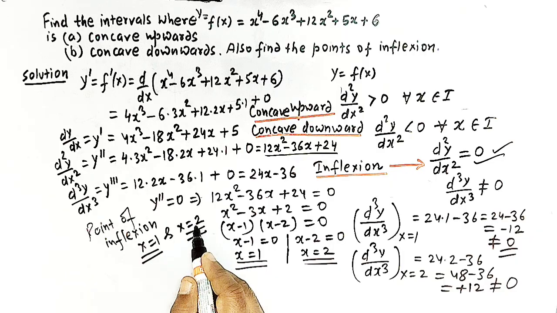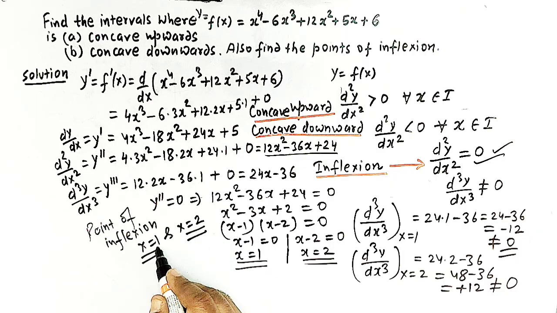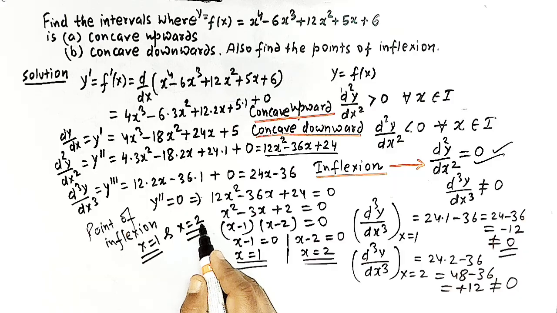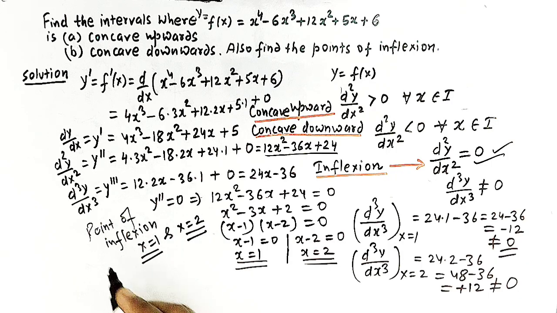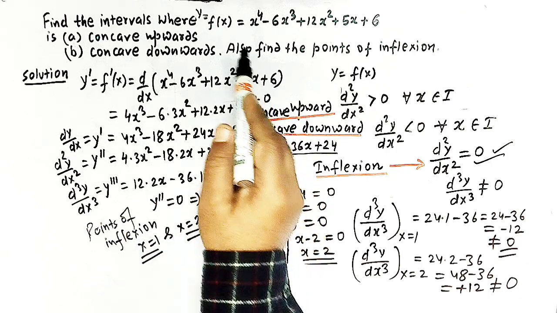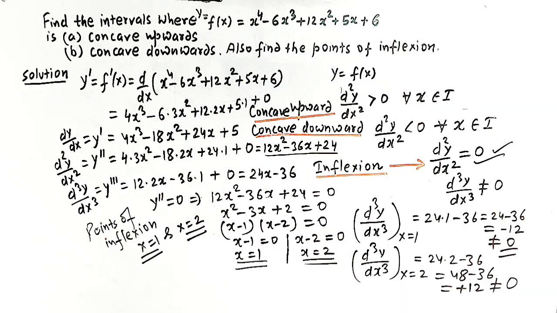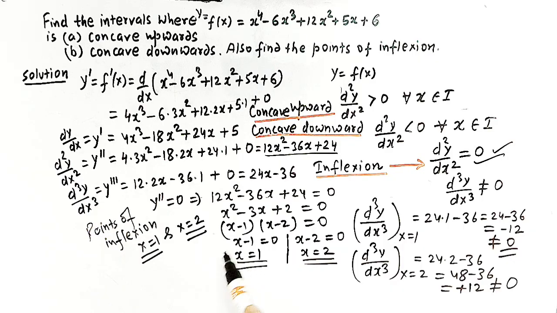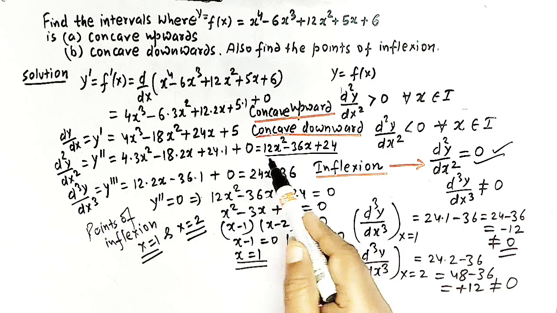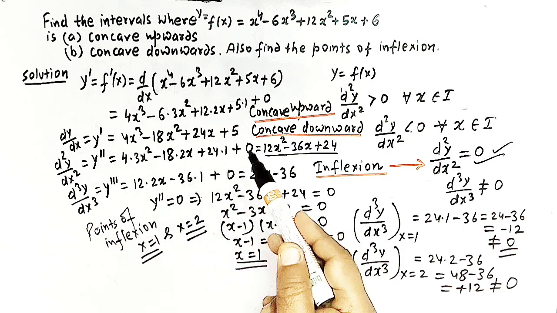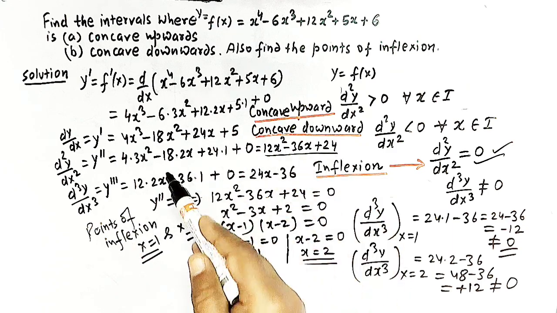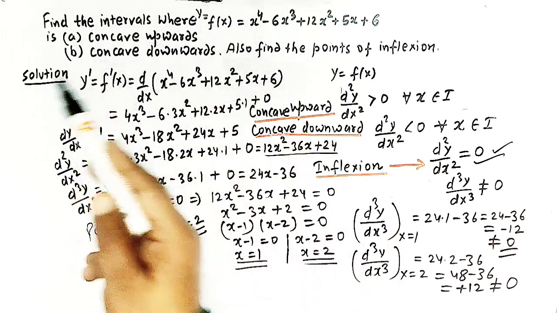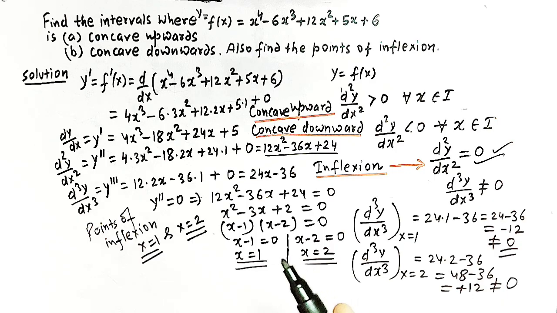So these are the two points of inflection of this function. So viewers, this is the working rule, how to find the intervals of x where the given function is concave upwards or concave downwards, and how to find the points of inflection.